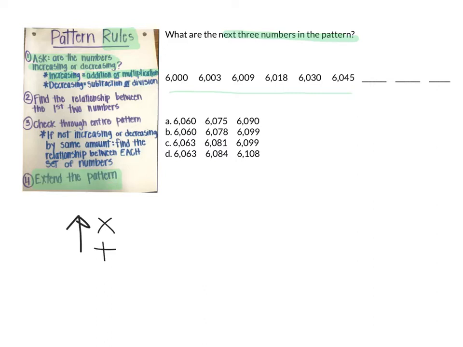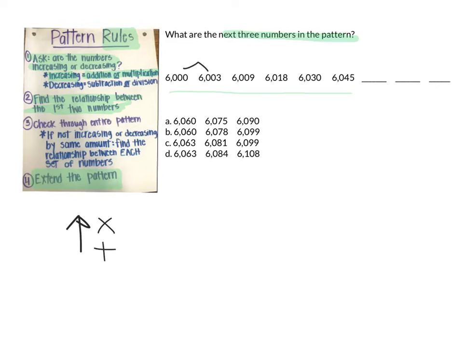So next we're going to decide, do we multiply to get to the next number, or do we add to get to the next number? So take a look at step 2. Step 2 tells us to find the relationship between the first 2 numbers. So go back over to our pattern, and we're only going to focus on the first 2 numbers, 6,000 and 6,003.